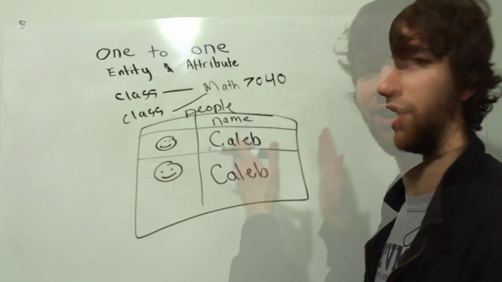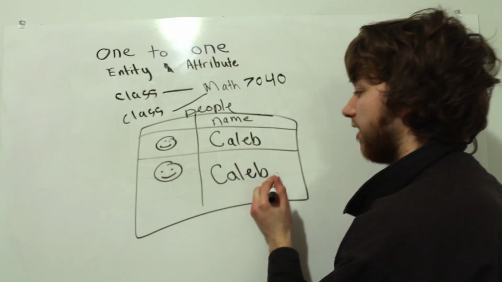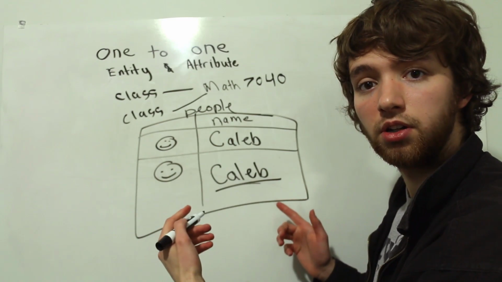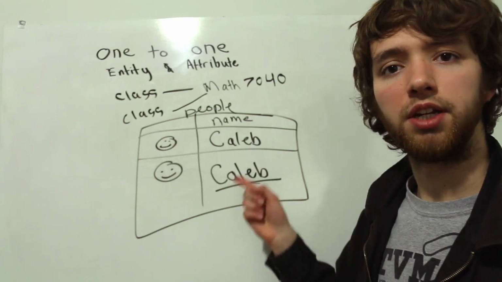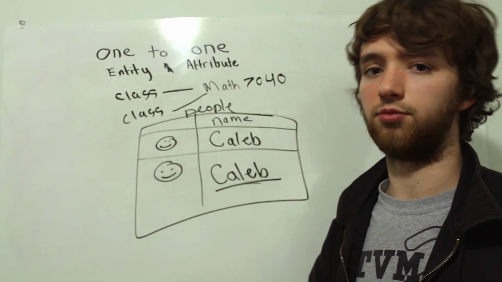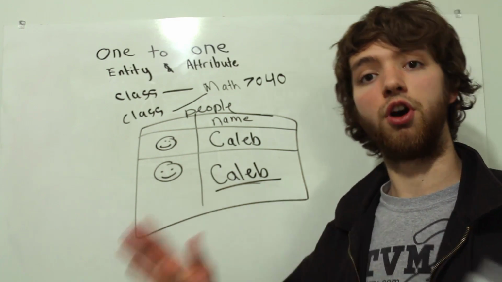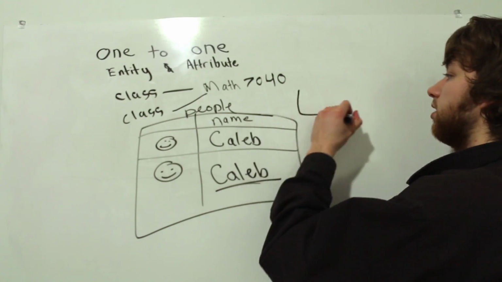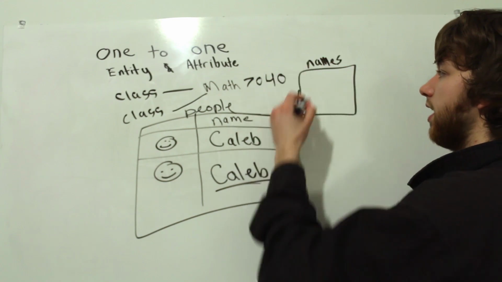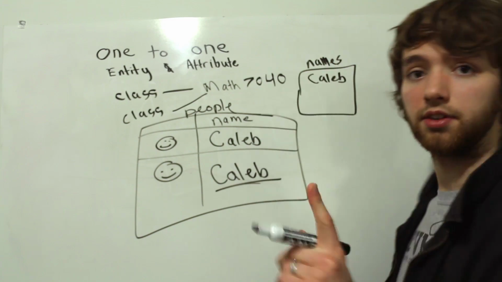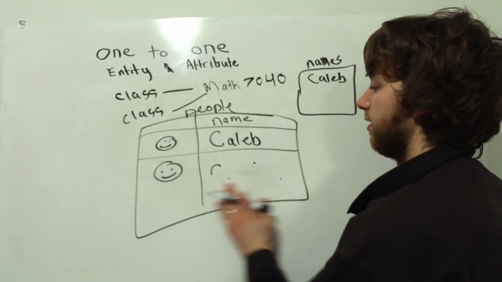Attributes are a value within the name column, and they are unique to each entity, but there's a repeating one. So an alternative way to design this, which you should not do, is to make another table known as names and have Caleb in here once with an ID.